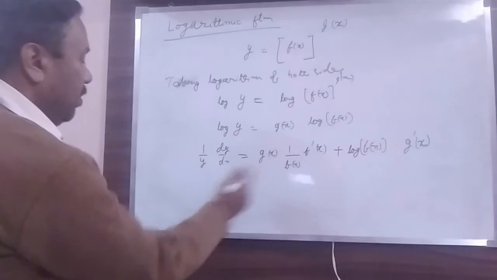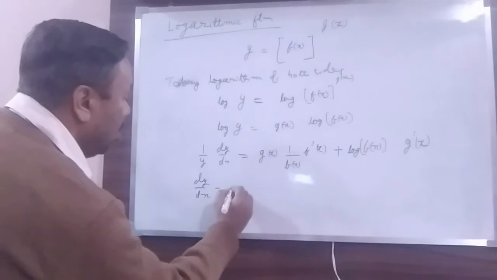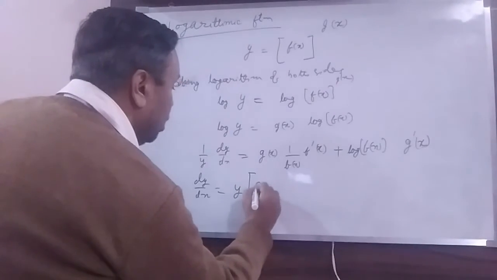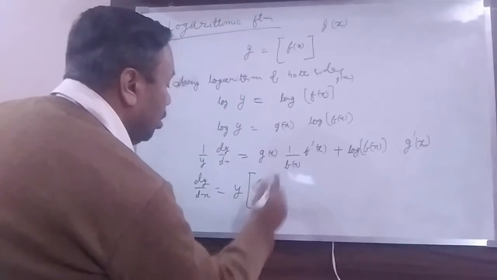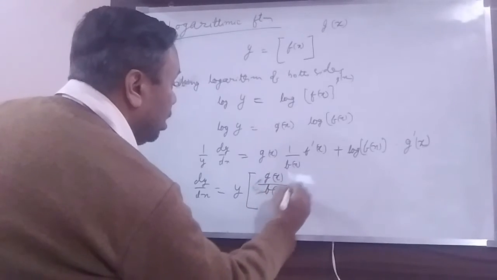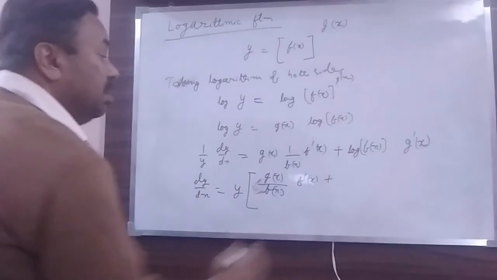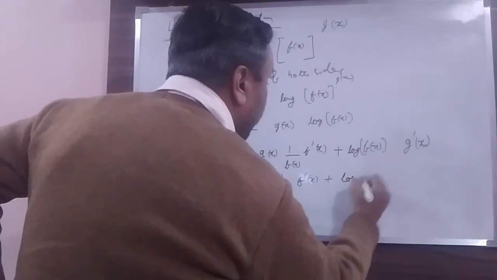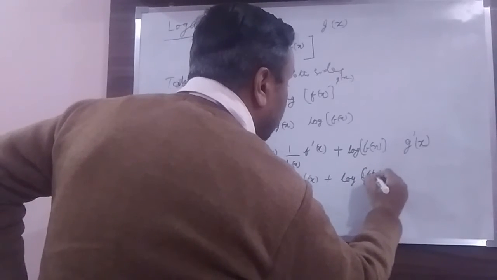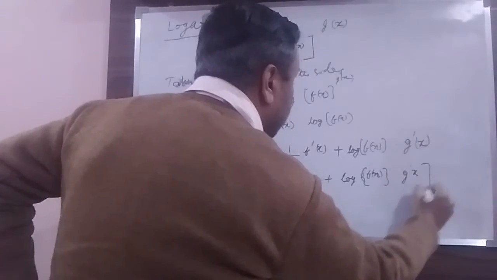So my dy by dx will be y multiplied by g(x) by f(x) multiplied by f dash x, plus log of f(x) multiplied by g dash x.